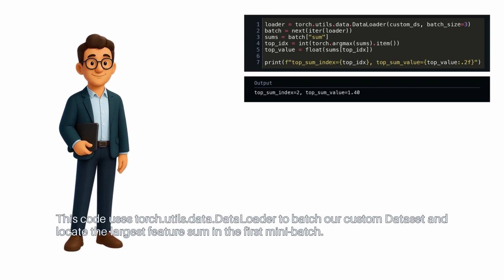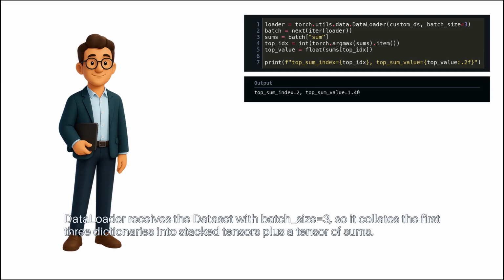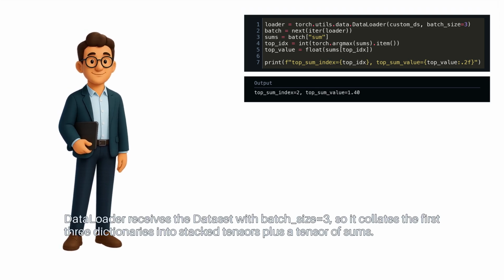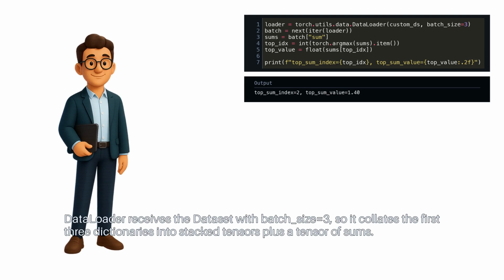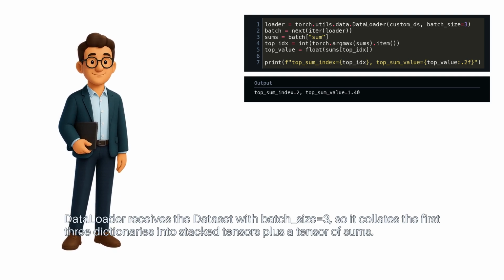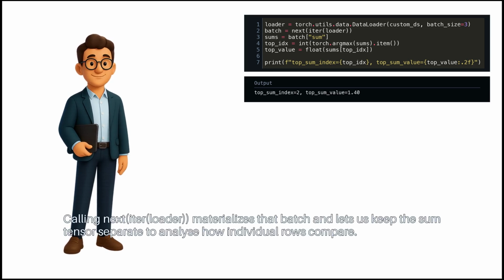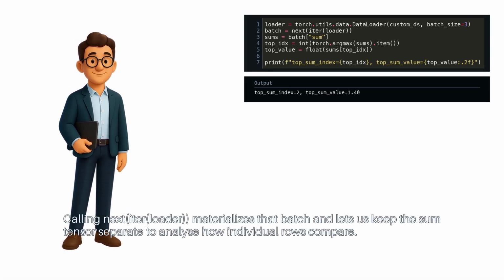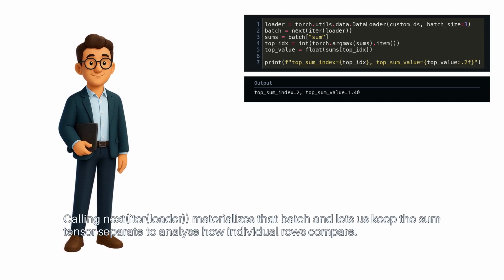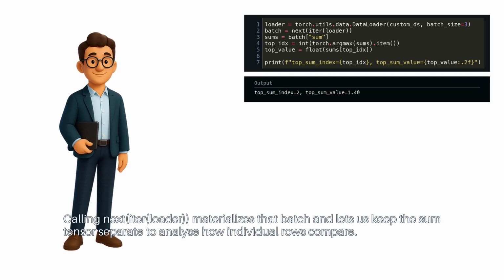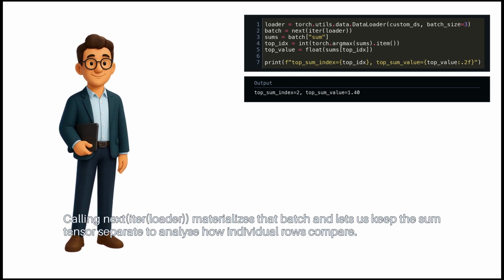This code uses torch.utils.data.DataLoader to batch our custom dataset and locate the largest feature sum in the first mini-batch. DataLoader receives the dataset with batch_size equals 3, so it collates the first 3 dictionaries into stacked tensors plus a tensor of sums. Calling next on the iterator materializes that batch and lets us keep the sum tensor separate to analyze how individual rows compare.